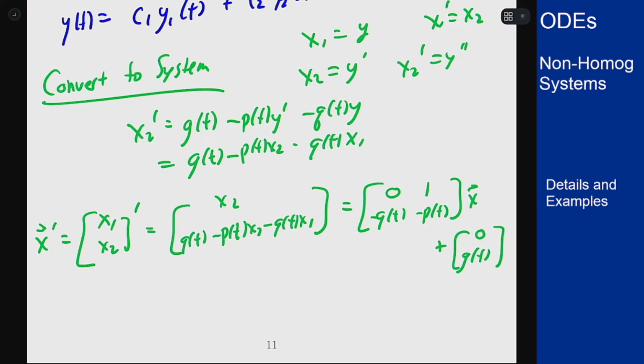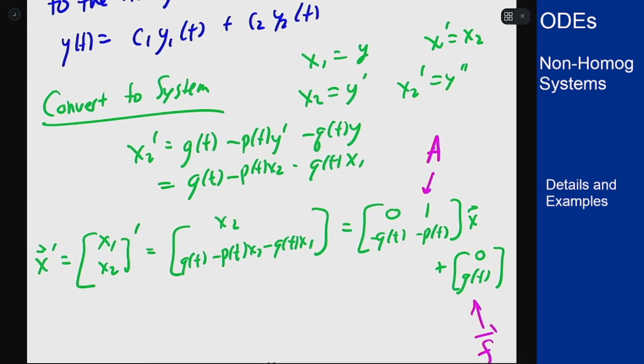So in the context of our system, this is the matrix A, and this is the vector function f that we're going to use to do variation of parameters. But we have a head start here because we know the general solution to this problem. Because this came from a system where we had a solution, we know that this y(t) will also solve the system if written in the appropriate context.